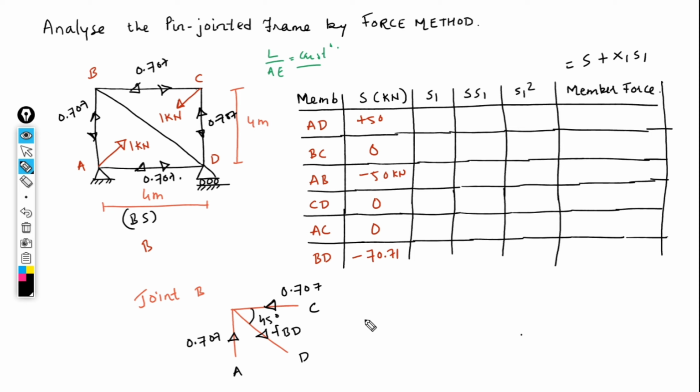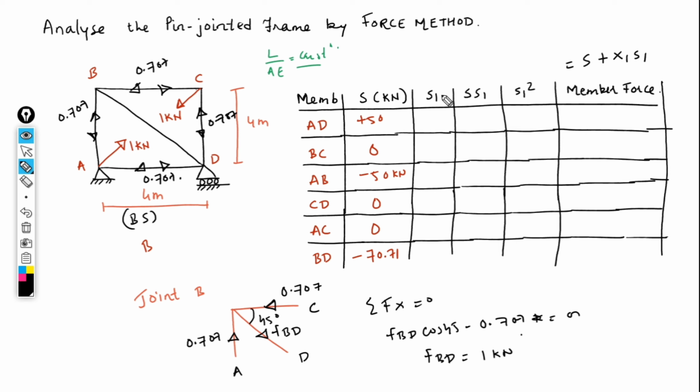You can apply summation of Fx equal to 0 or summation of Fy equal to 0 to get the value of FBD. Summation of Fx equal to 0: FBD cos 45 minus 0.707 equal to 0. So FBD will be equal to 1 kilonewton, and we are getting positive, so it is away from the joint.